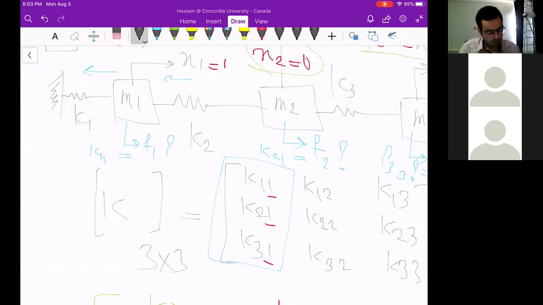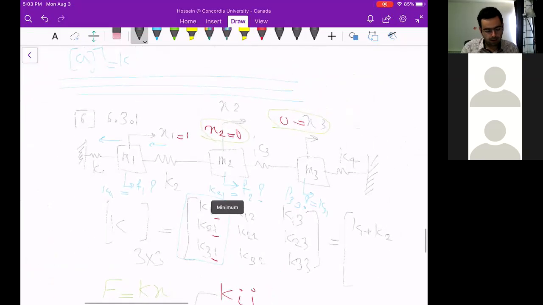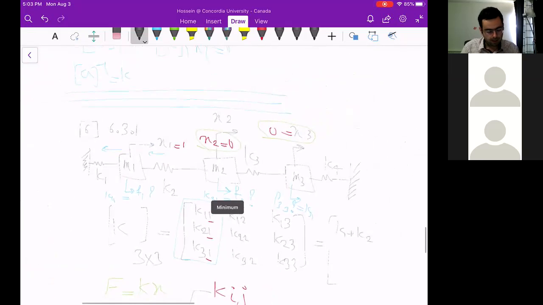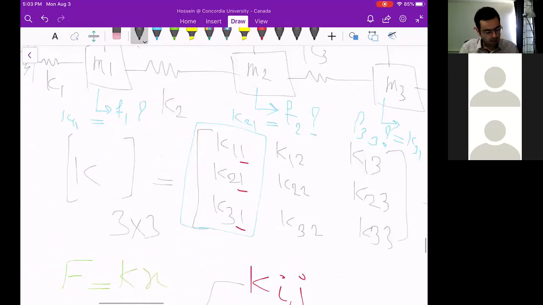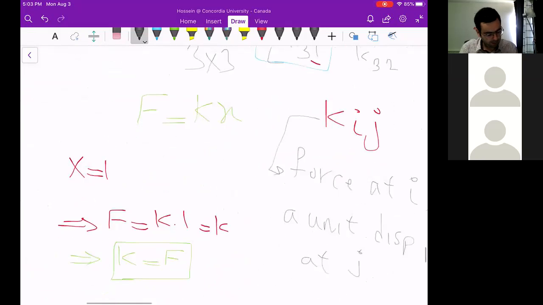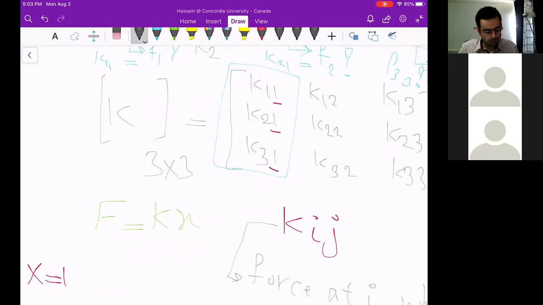Basically, the force when you apply a unit displacement is K1 plus K2, and because the displacements at 2 and 3 are 0, this is the force at mass 1, which is defined as the stiffness. So K1 plus K2 is the force at mass 1, and the displacement at mass 2 should be 0.